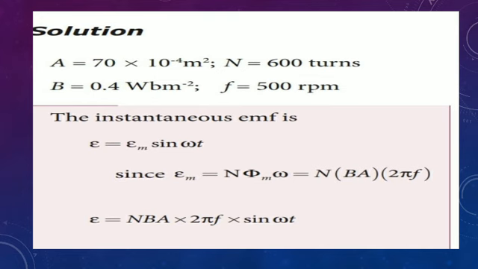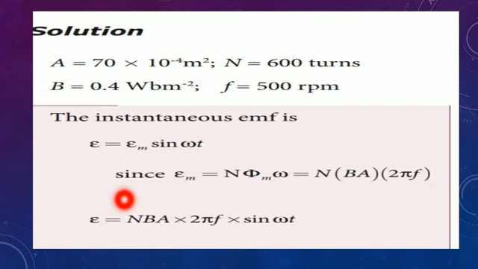That's why, omega by 2 pi, therefore omega is equal to 2 pi into f. So that is the value, 2 pi f. Okay students, that is the omega value. Therefore E_m is equal to N B A 2 pi f.